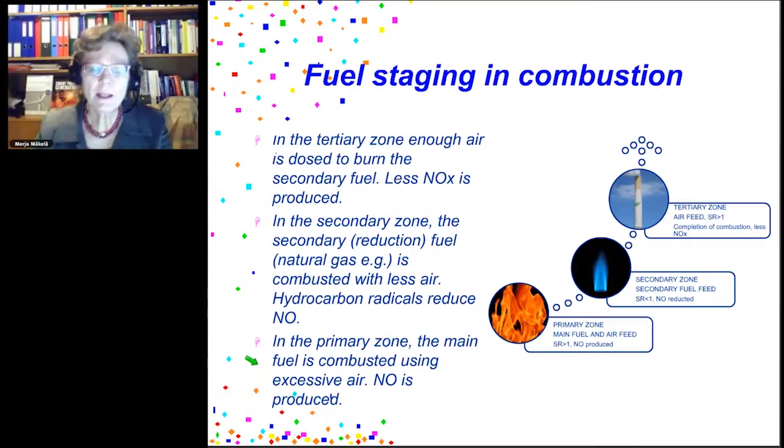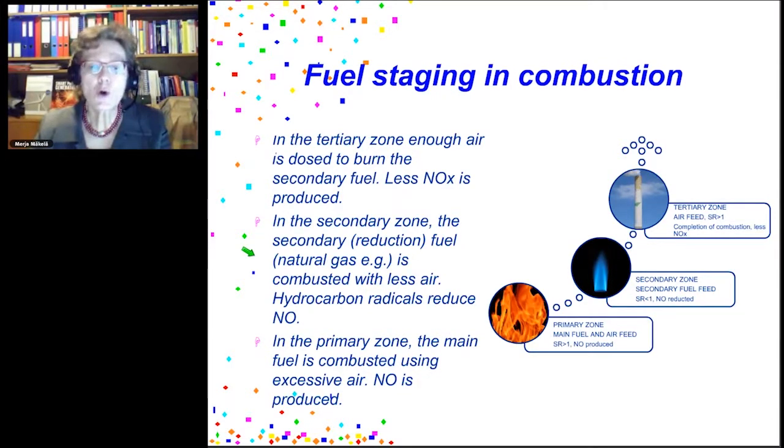In the secondary zone, we feed an additional fuel, and we choose the fuel in that way that it's possible to reduce nitrogen monoxide using these hydrocarbon radicals of that phase.